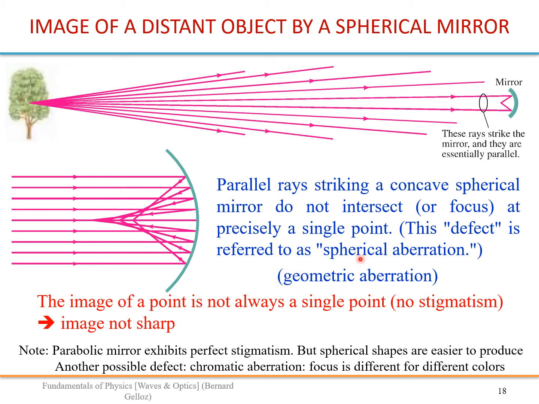We have also, if your focus point depends on the wavelength, therefore on the color, chromatic aberration. Alright, so our image is not sharp. Notice that we will see shortly that parabolic mirrors, however, exhibit perfect stigmatism. We'll see that soon.